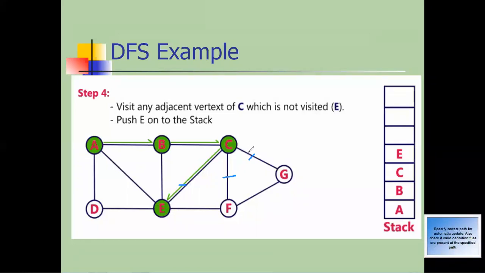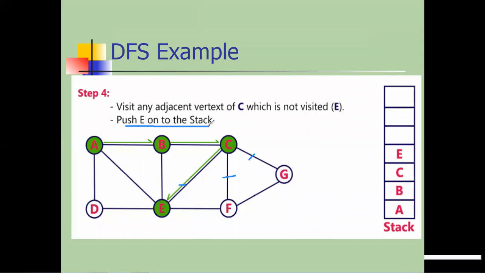You might be thinking, madam, we should select G. No problem at all, but I am selecting E here. Again it is not visited, so we push it into the stack. Where will the stack pointer go now? Top 0, 1, 2 and the third location, so our stack pointer points here.